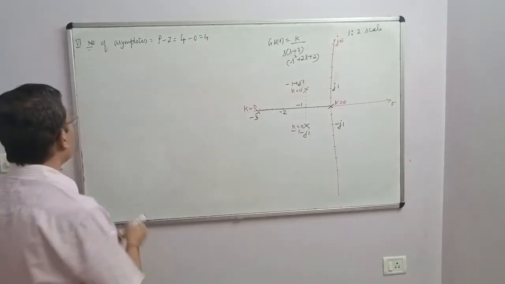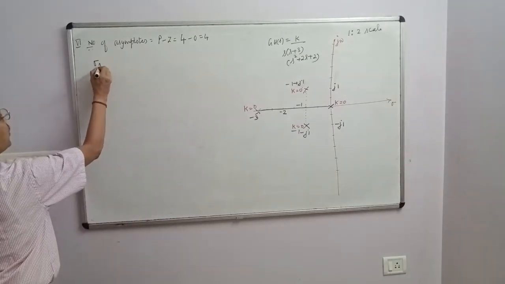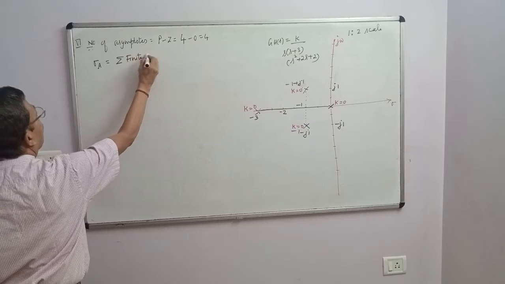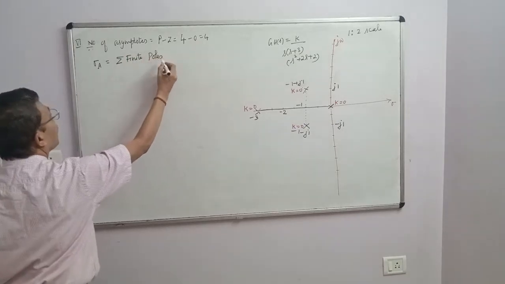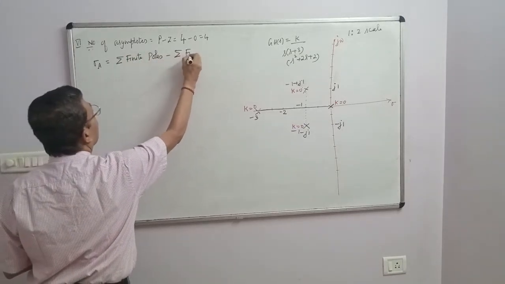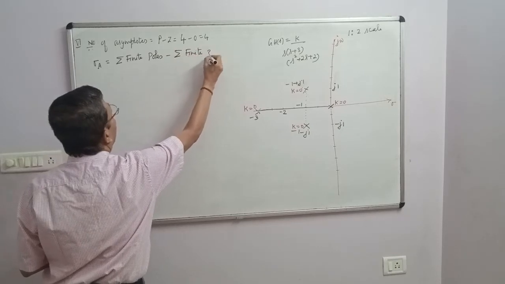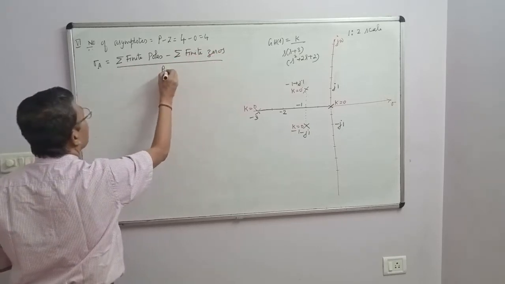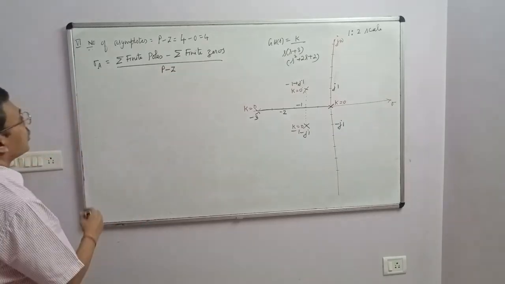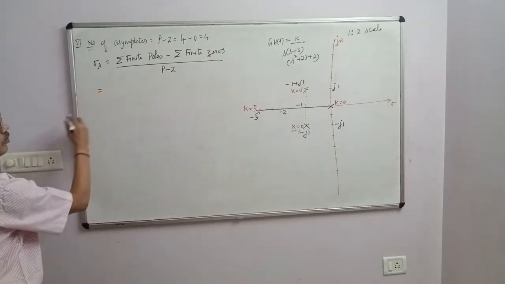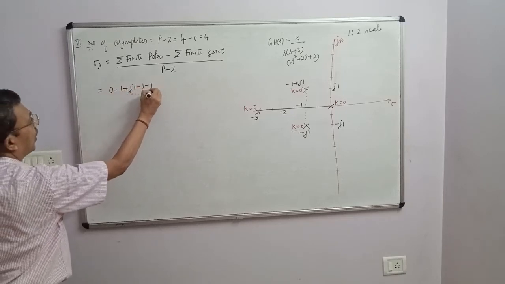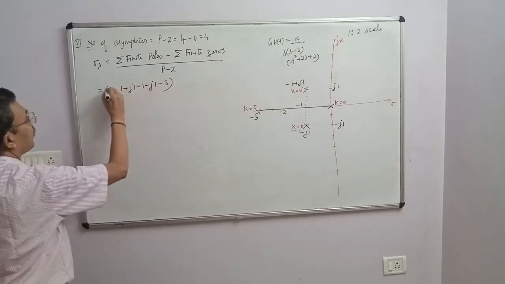Next, let me calculate the centroid. What is sigma A? Sigma A is equal to summation of finite poles minus summation of finite zeros, divided by P minus Z. Add all pole locations: 0, minus 1 plus j1, minus 1 minus j1, minus 3.